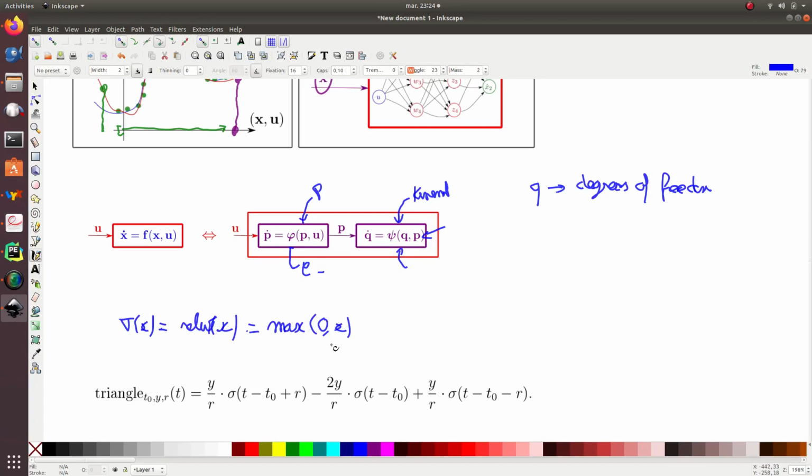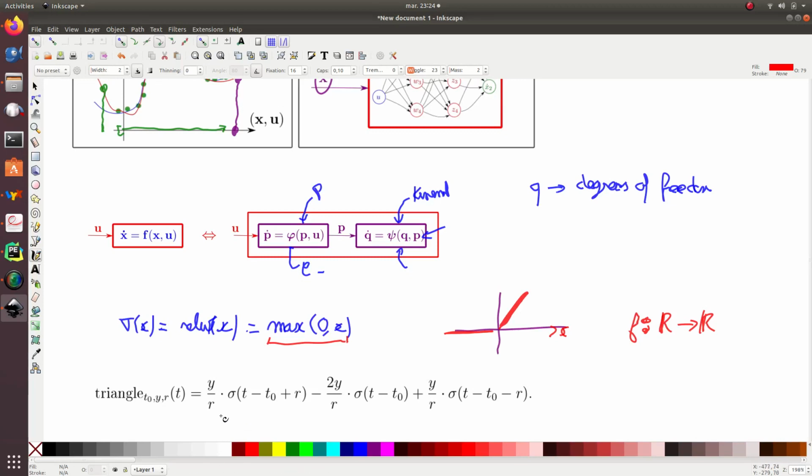This function is something like this. It will be 0 when x is negative, and after that it will be like this. From this function, I will be able to represent almost all functions f from R to R. I will try to explain this now.